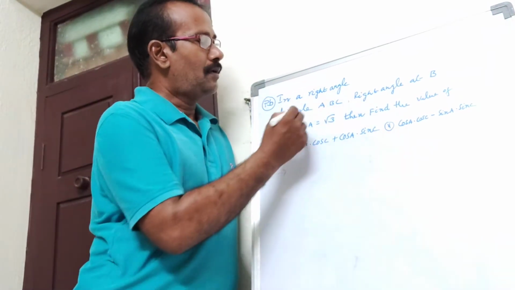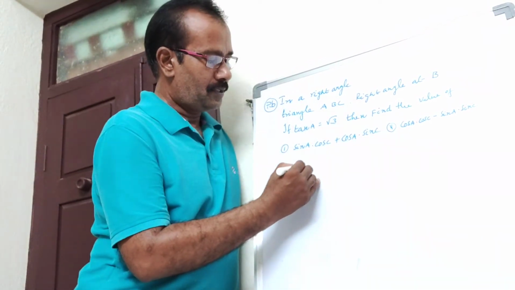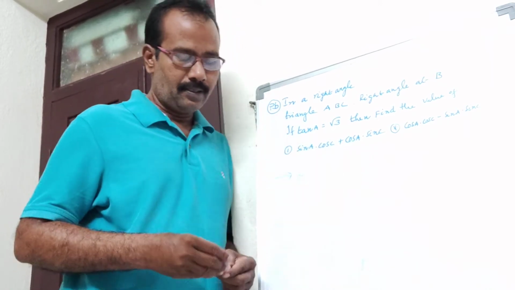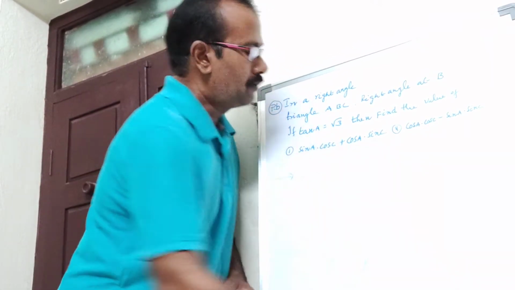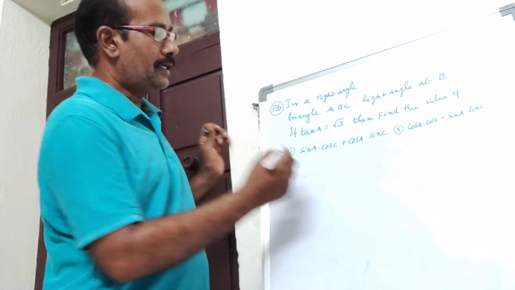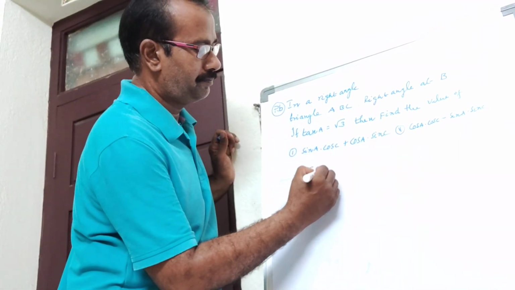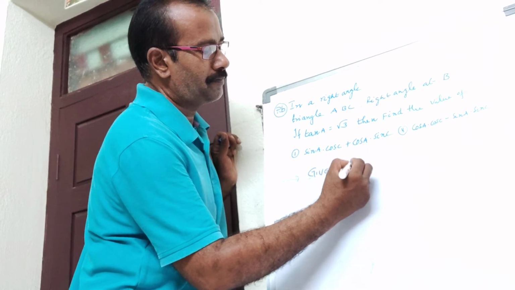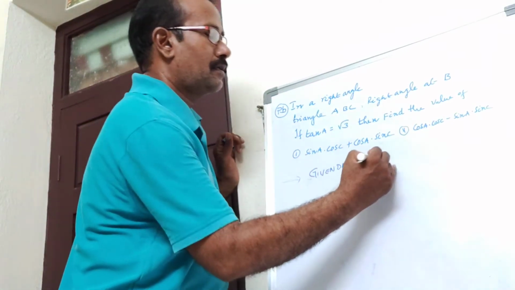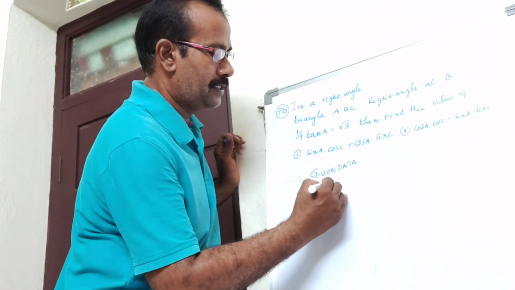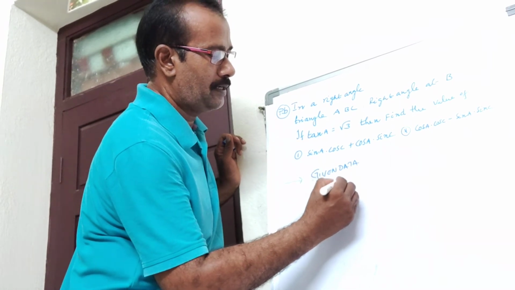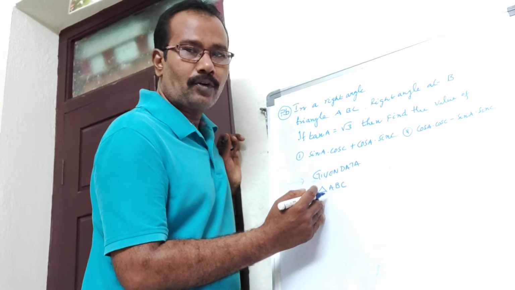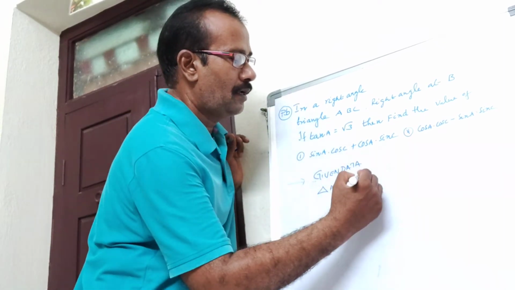First, what is the given data? Triangle ABC is a right angle triangle.